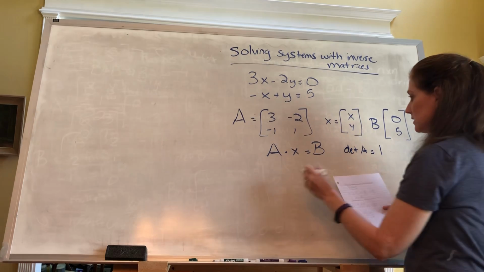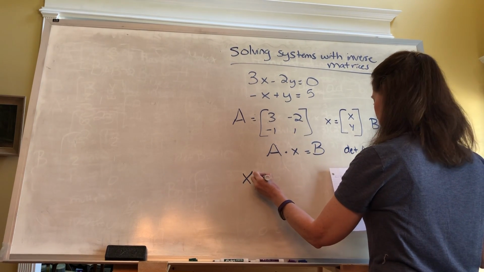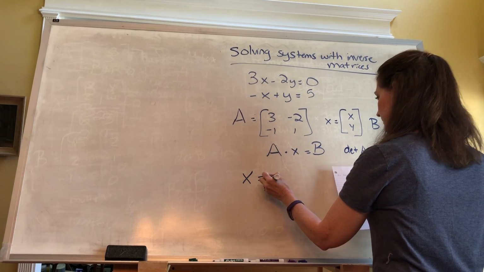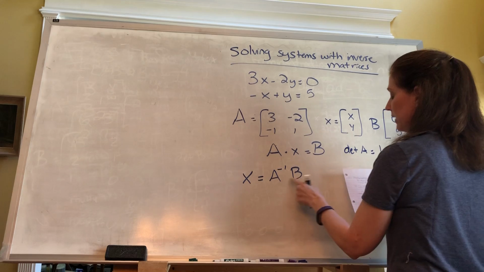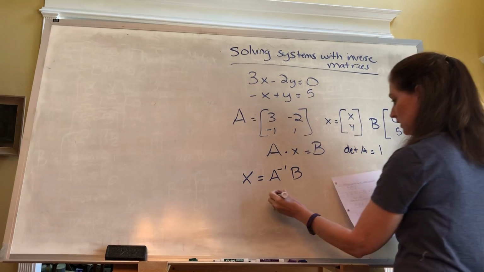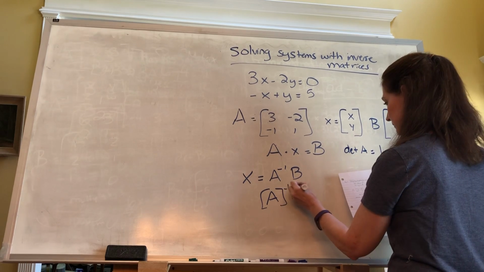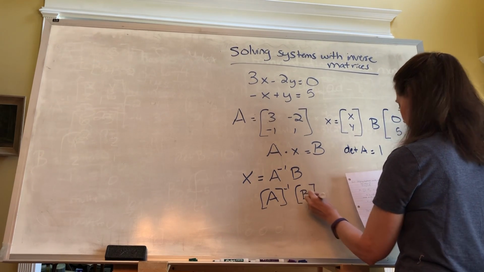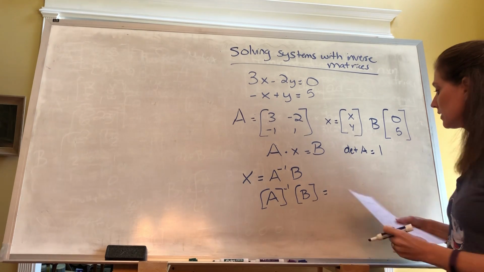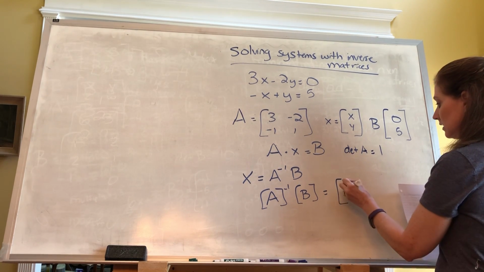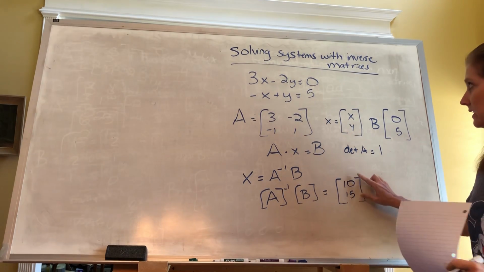Okay, and so we can do that x equals the inverse of A times B. Okay, and then in doing that in the calculator, it's going to give us our solutions.